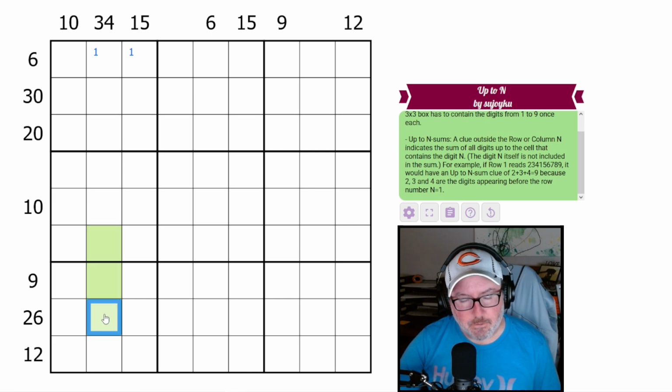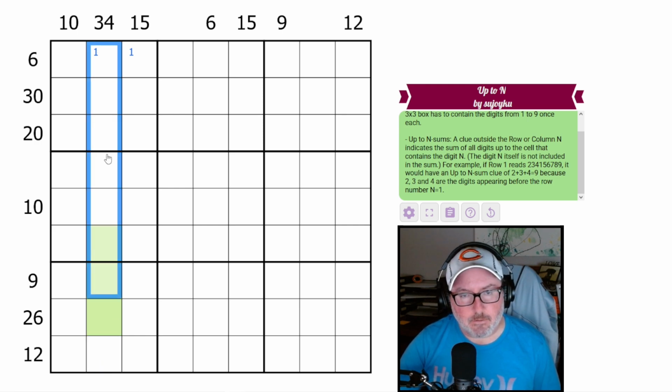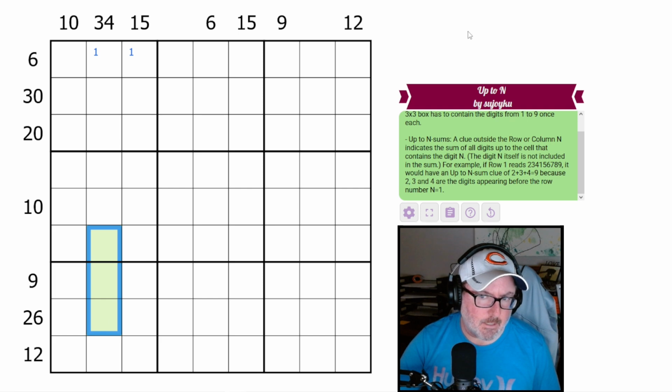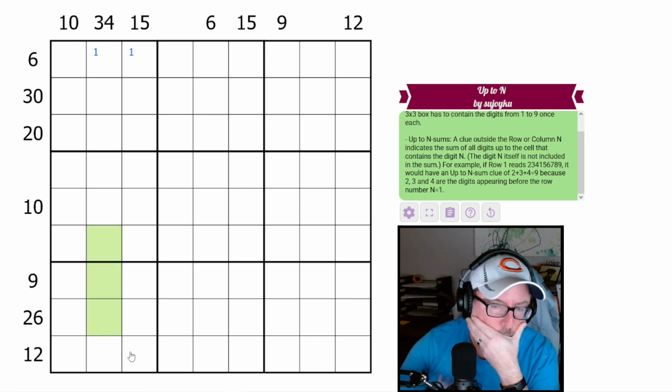So we could put a 2 here, and then we would know that these 2 digits would add to 11. So it would be a 2 and a 9, and the rest of the digits will add to 34. Or we could have a 2 here, and these 3 digits add up to 11. Or this is a 2, and these 4 digits add up to 11. So there's certainly options there.